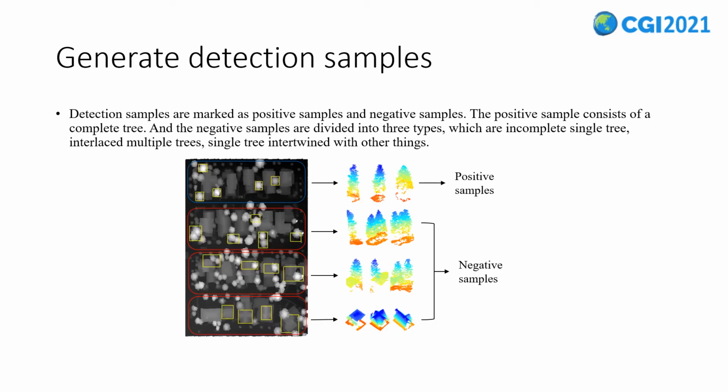Detection examples are marked as positive examples and negative examples. A positive example consists of a complete tree, and the negative examples are divided into three types, which are incomplete single tree, interlaced multiple trees, and single tree intertwined with other things.